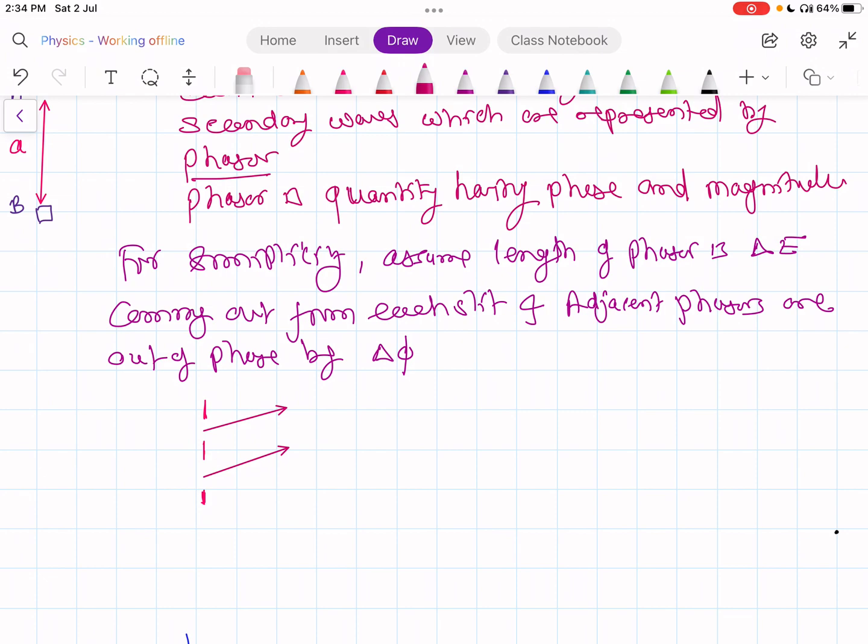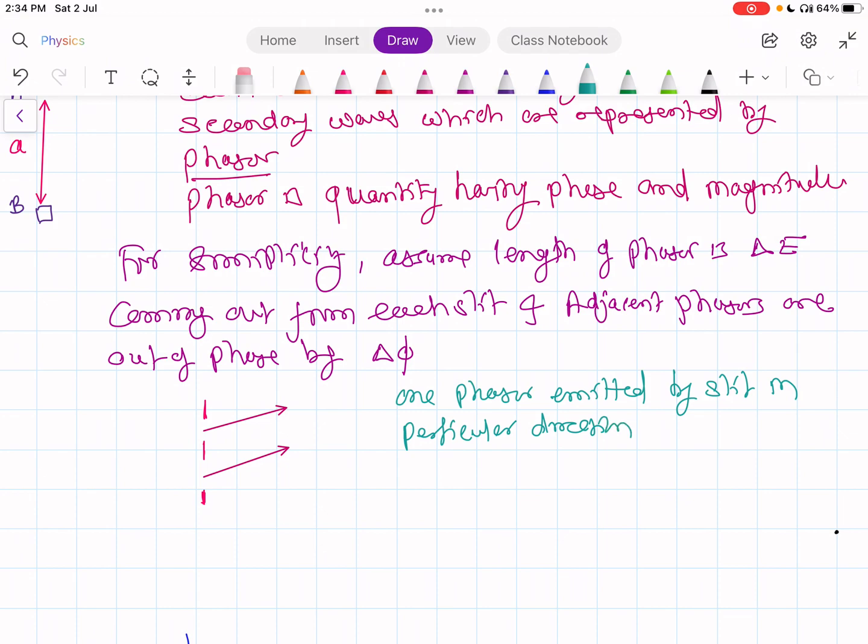So in every direction, one phasor is emitted by the slit.